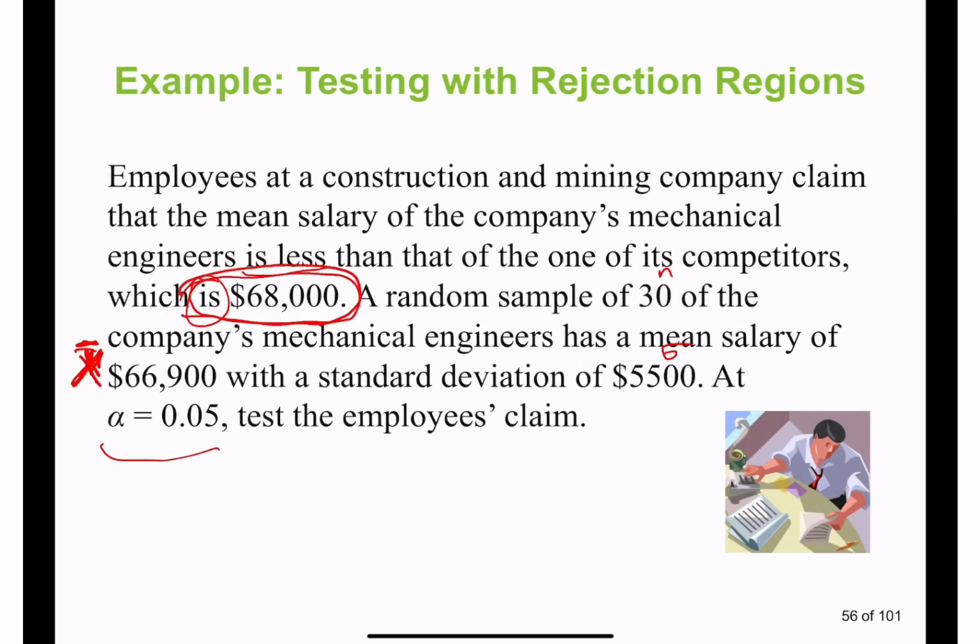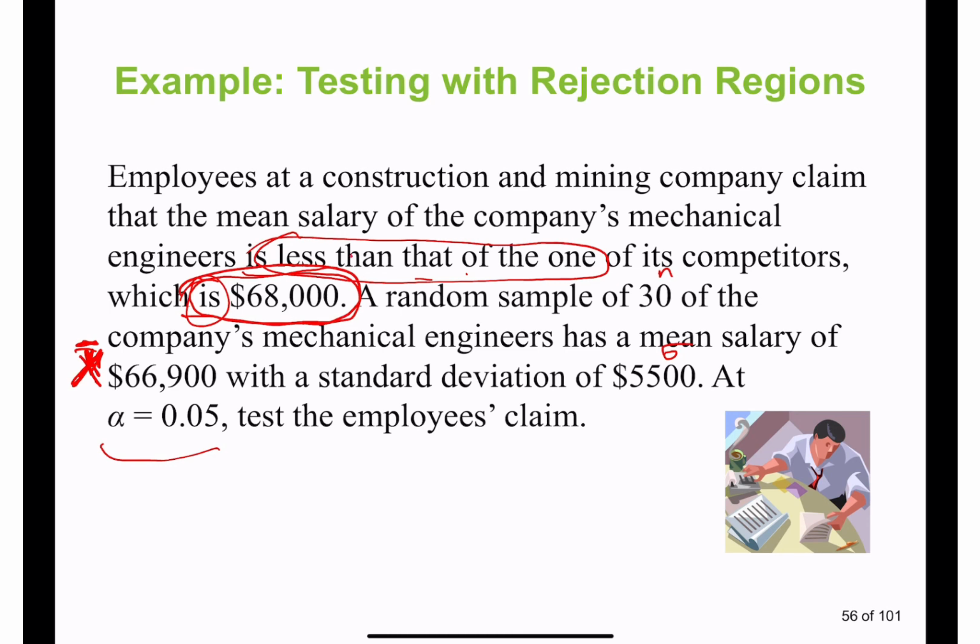The mean salary of the company's mechanical engineers is less than that of one of its competitors, which means the competitors have 68,000, and the company of the claimer says they get less than the neighbor company.